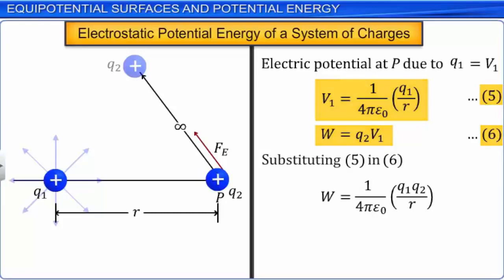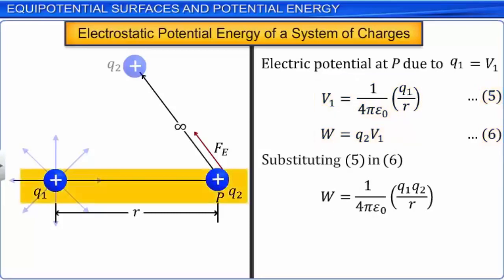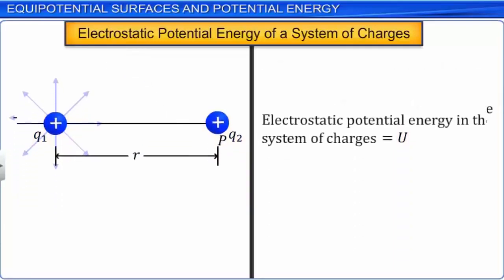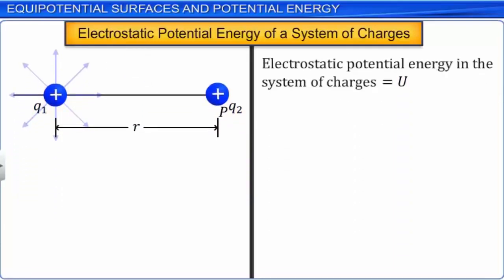This work done against the electrostatic force is stored as electrostatic potential energy U in the system of charges. Electrostatic potential energy U stored in the system of charges is equal to 1 by 4 pi epsilon naught into Q1 Q2 by r. Let this be equation 7.